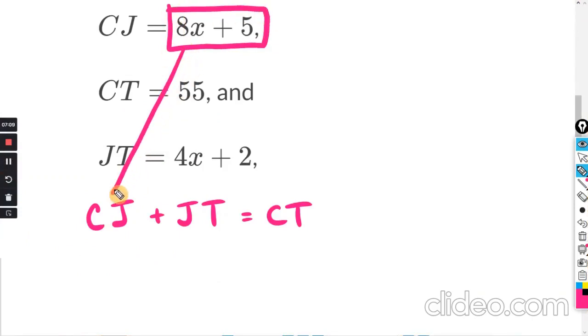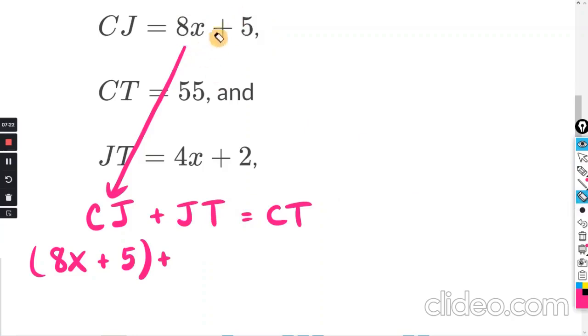So I'm going to put the 8x plus 5 in place of CJ. And then for JT, we can see that JT equals 4x plus 2.